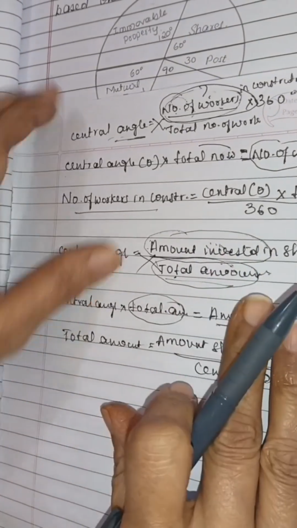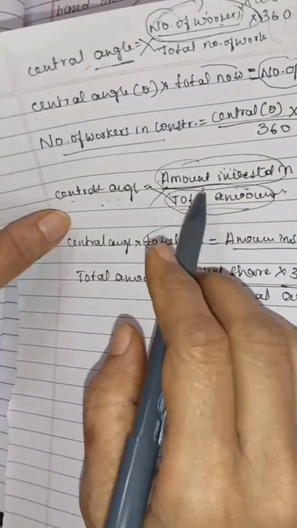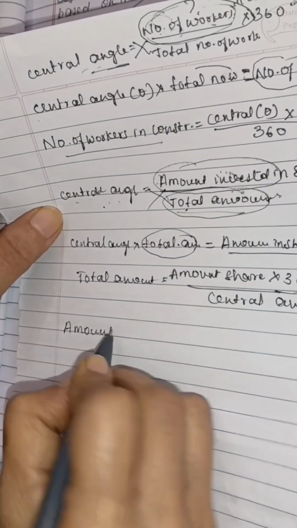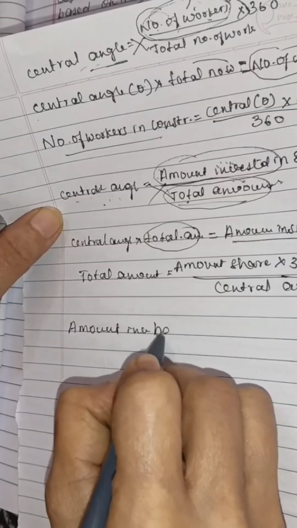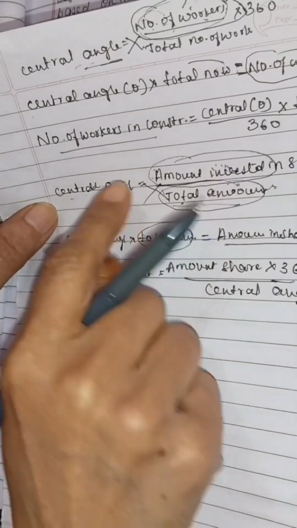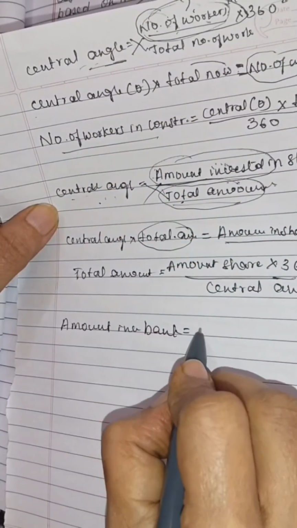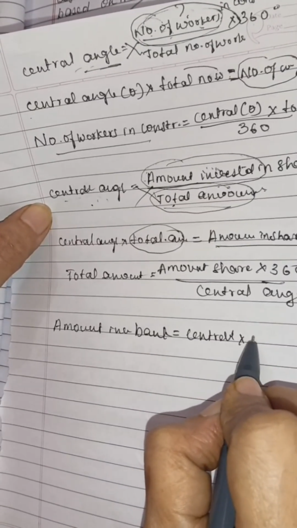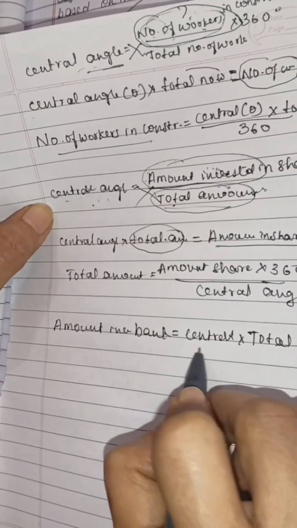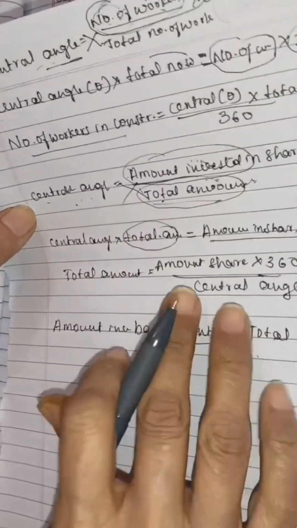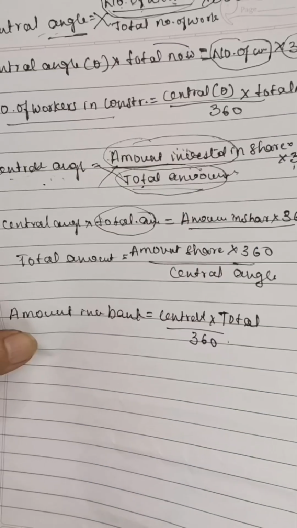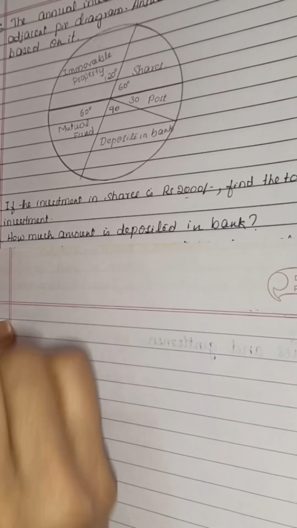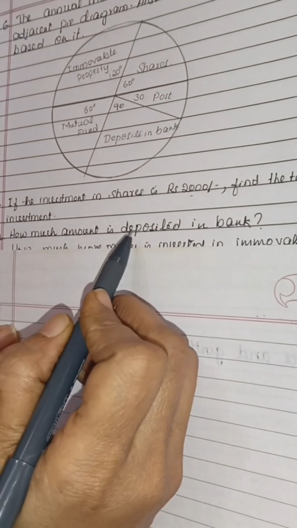While finding this, what will be the formula? The amount invested in bank will come to the numerator: central angle multiplied by total, divided by 360. So the second question: how much amount is deposited in bank?